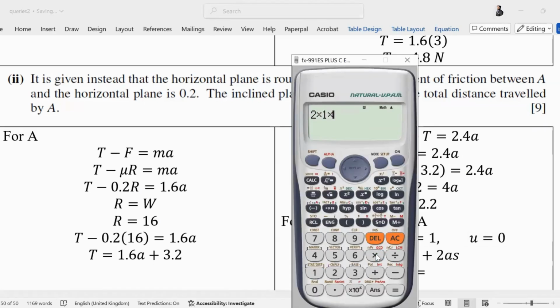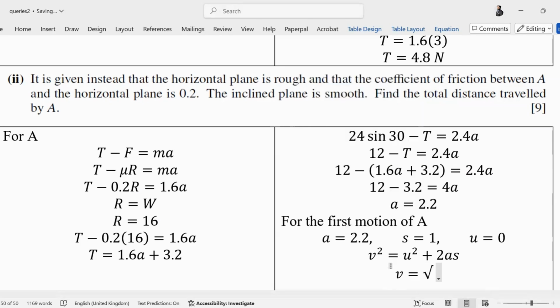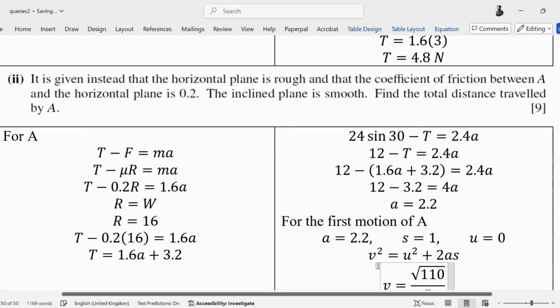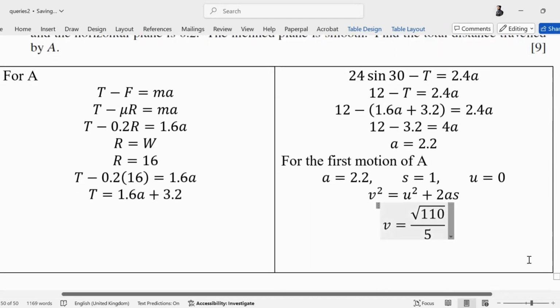I'm keeping it as it is, square root of 110 upon 5, because I need this in the future parts. This is the final velocity according to the first motion. Do we have an agreement?